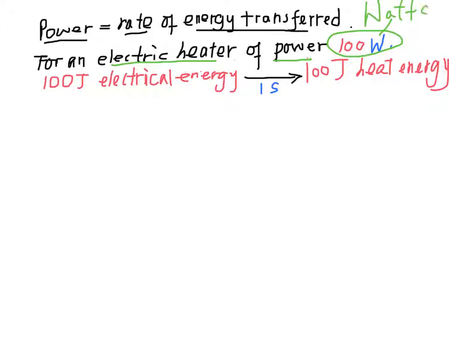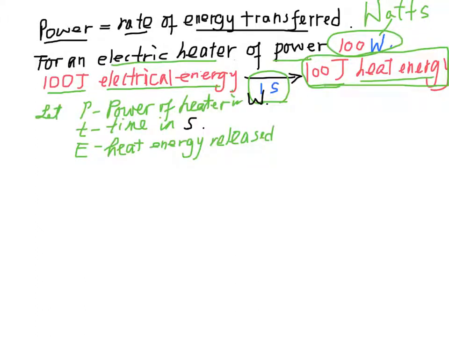For an electric heater of power 100 watts, it means that it will consume 100 joules of electrical energy in 1 second, and the energy will be converted to 100 joules of heat energy. That means in a time of 1 second, 100 joules of heat energy will be produced.